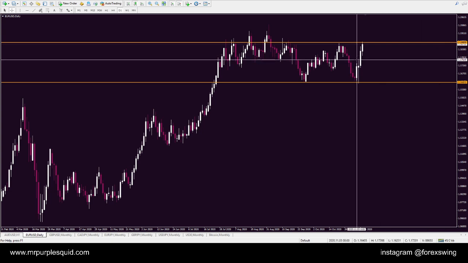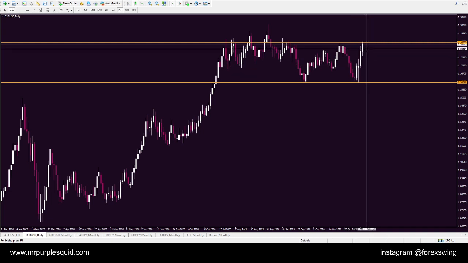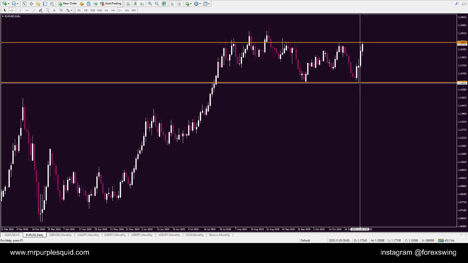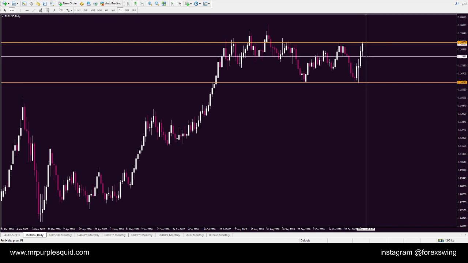When I'm taking breaks, my stop loss would normally be at the previous high, and in this case, if we're taking it on the daily, my stop loss would be here, and that would be many pips.